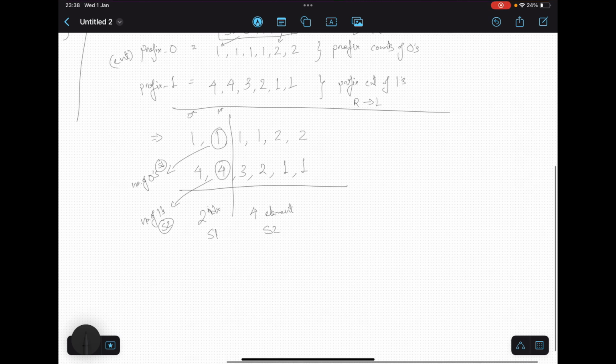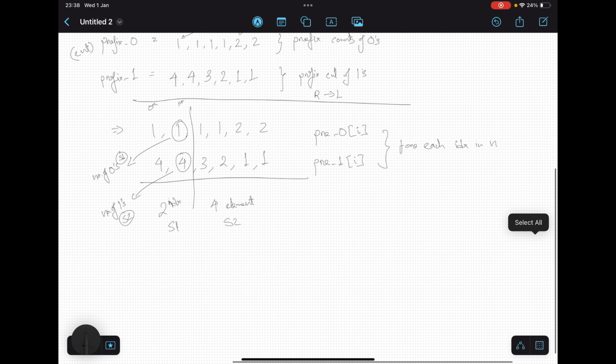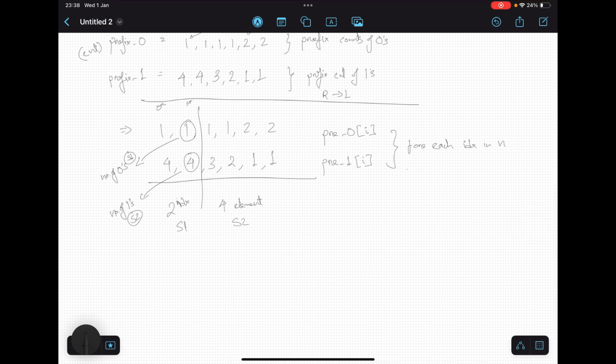So we just need to do the summation of prefix 0 and prefix 1 for each index in the string, and then take the maximum of this sum.